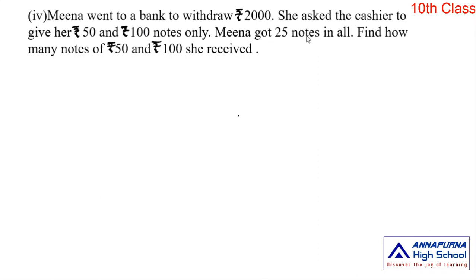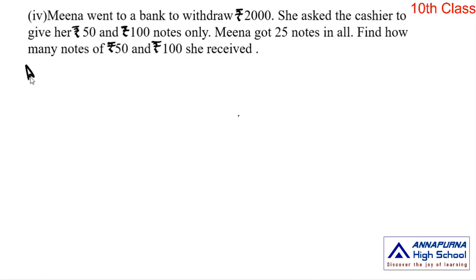So Meena got 25 notes in all. That means at the end of transaction she got 25 notes in all, and some are 50 rupees notes and some are 100 rupees notes. Then you find how many notes of 50 rupees and 100 rupees she received.